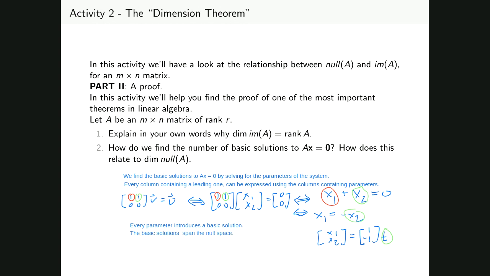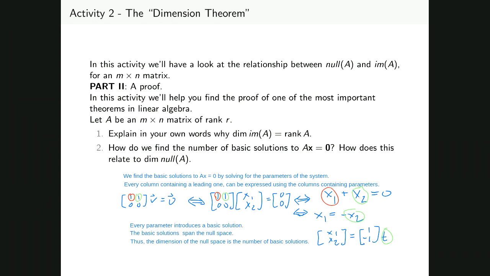So the number of basic solutions, which is the number of parameters, is the dimension of the null space. Absolutely wonderful. Again, this is just me explaining things, but if you would like to chat about this on Piazza, please do. We'd be happy to look at your comments or questions about this explanation.